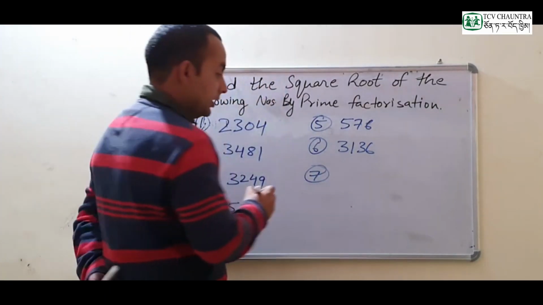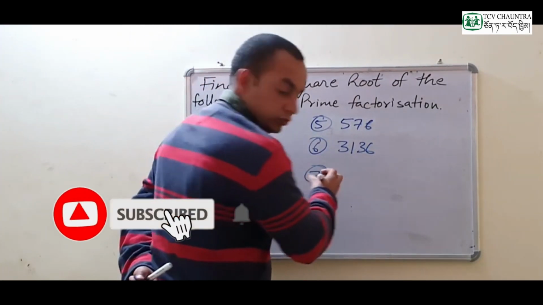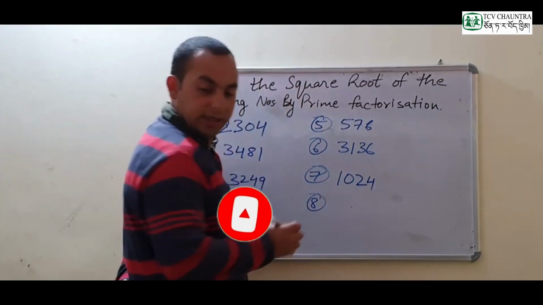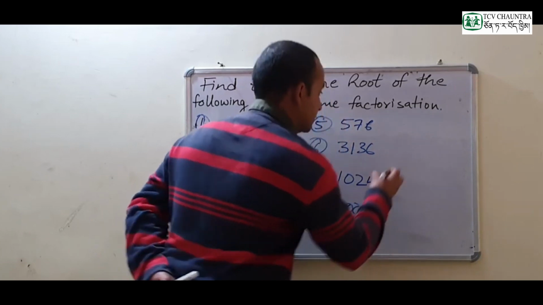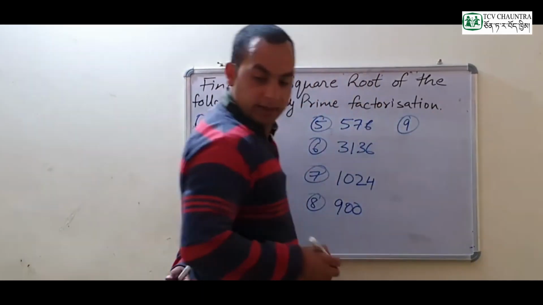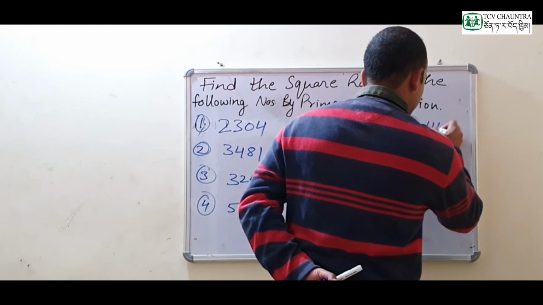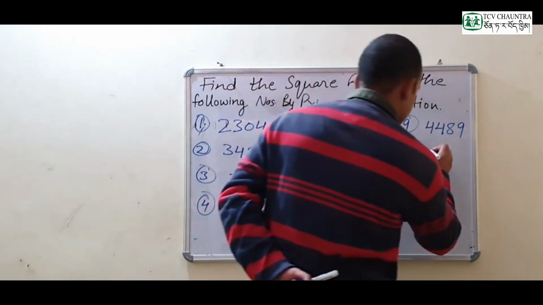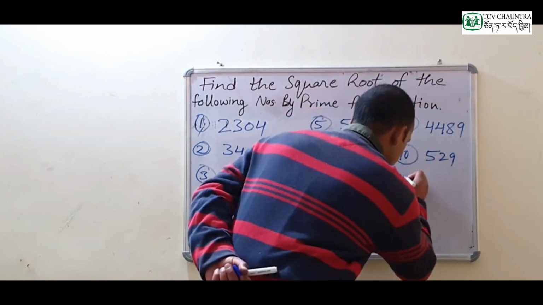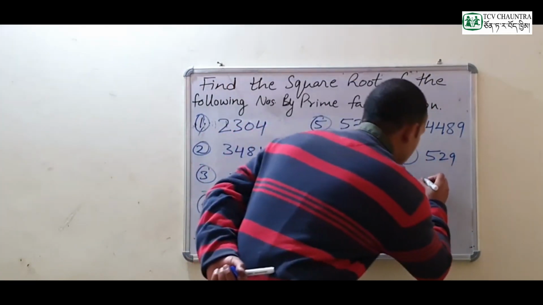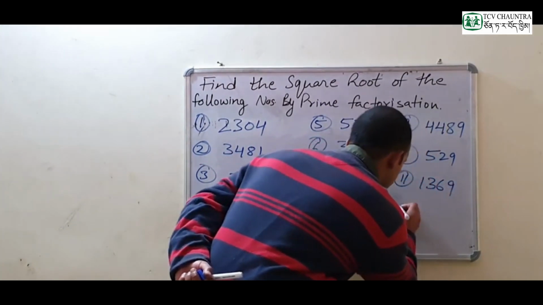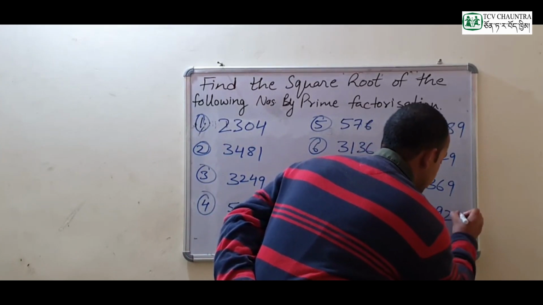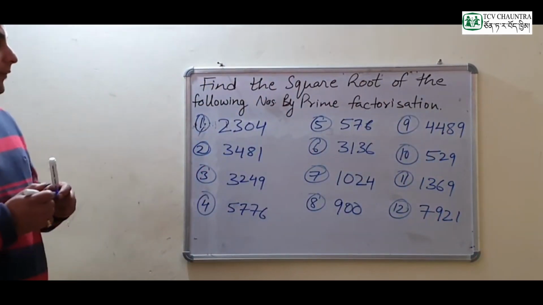Question number 7 is 3136. Question number 8 is 1024. Question number 9 is 900. Question number 10 is 4489. Question number 11 is 529. Question number 12 is 1369. And question number 13 is 7921. These are the homework for you.